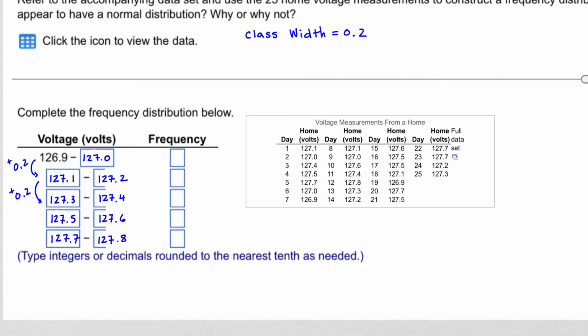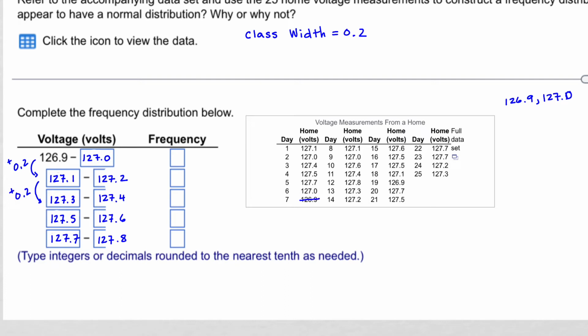Okay, so now we're going to find our frequencies. So I'm looking for the values, first of all, 126.9 and 127.0, because those are the values in the first class. Usually there's more values in a class than just 2, but in this case there's only the 2. So I'm going to look for 126.9 first of all.